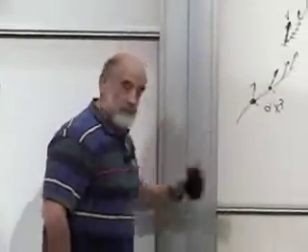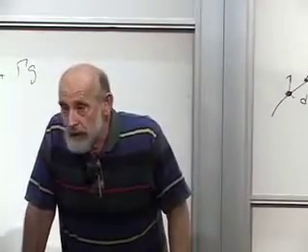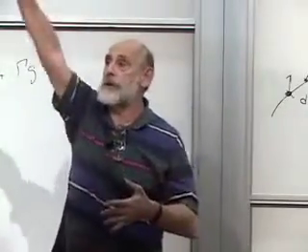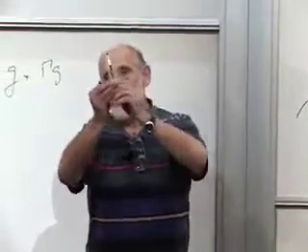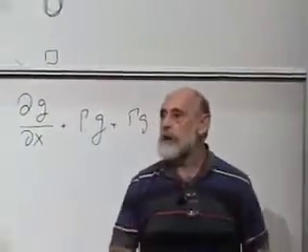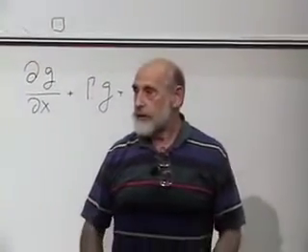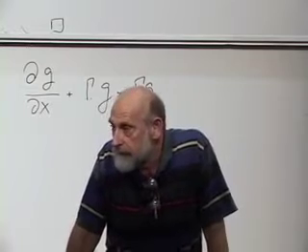Parallel to itself. In other words, you have some curve in space. I have a vector, and I want to move it along the curve in space so that it always stays parallel to itself. That's what we're trying to do. Okay?